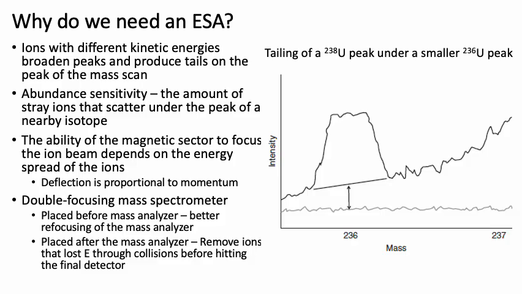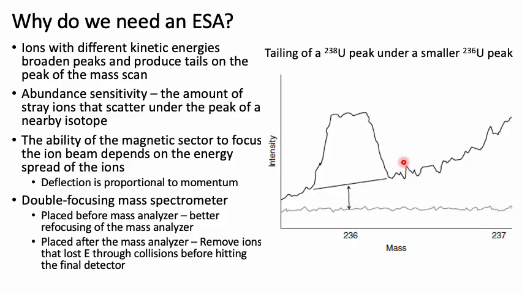A bit more on why we need the electrostatic analyzer: ions with different kinetic energies broaden peaks and produce tails on the mass scan. If we're looking now at what the detector is analyzing at the very end, here we have a mass scan over the range of voltages, actually it measures voltages in the detector, at which we would expect to see uranium-236 and uranium-238.